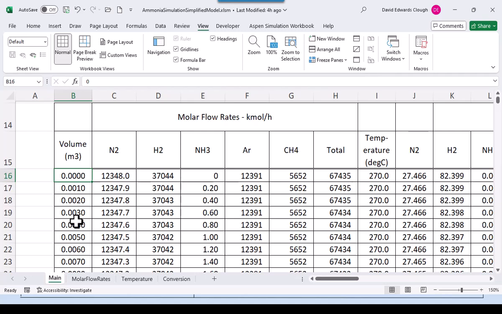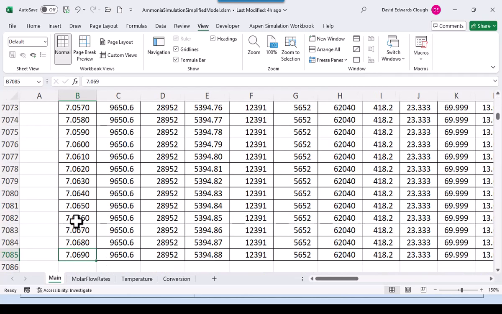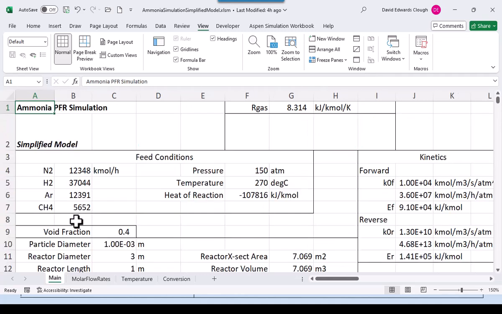So if we go to the bottom here, we'll see that to complete the full volume of the reactor, we require 7,000 rows for this simulation. So it is more extensive.